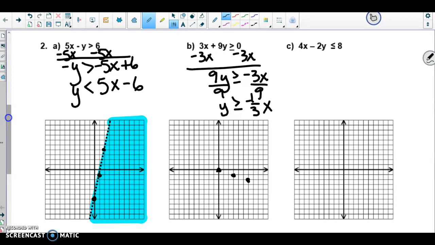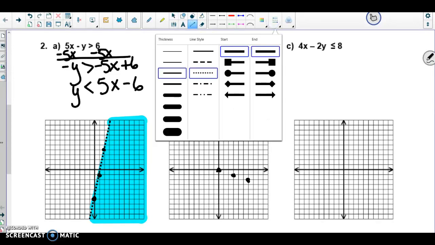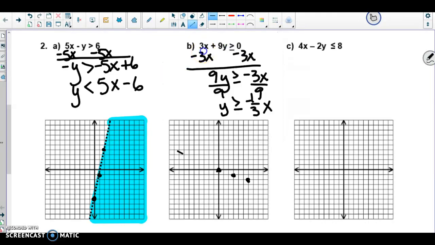My line is going to be a solid line in this case. Oh, that's going to be dotted. We don't want dotted, so get rid of that. Creating a line, and we'll make it solid instead.